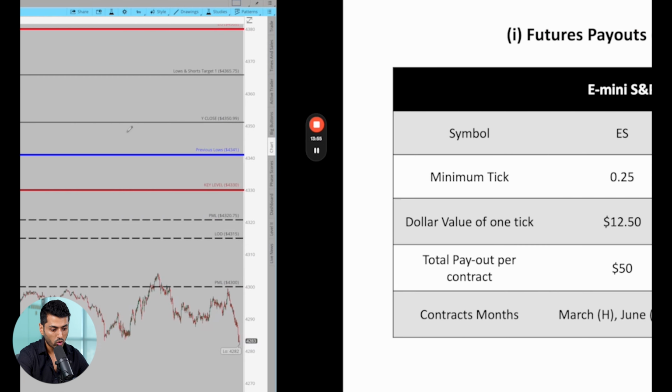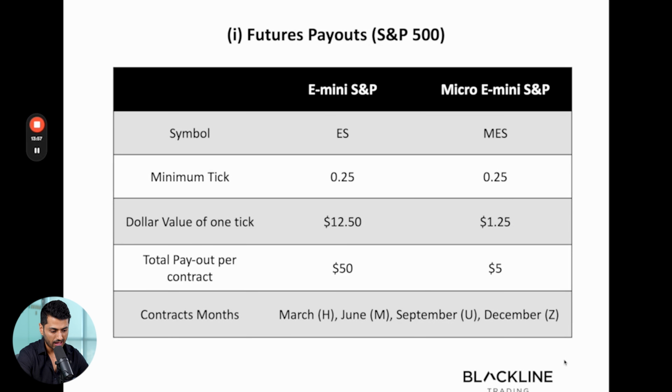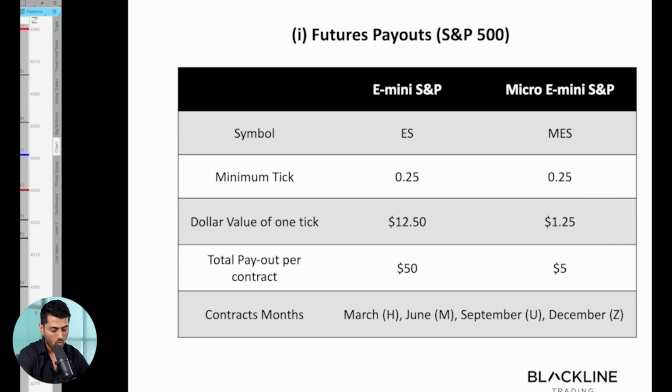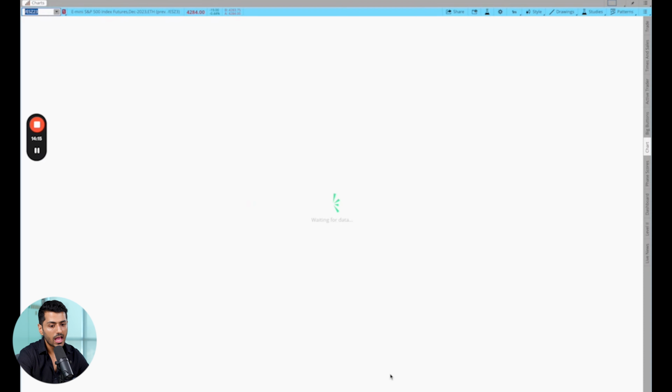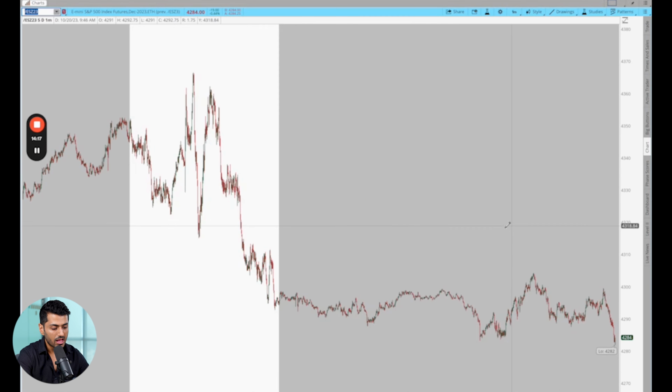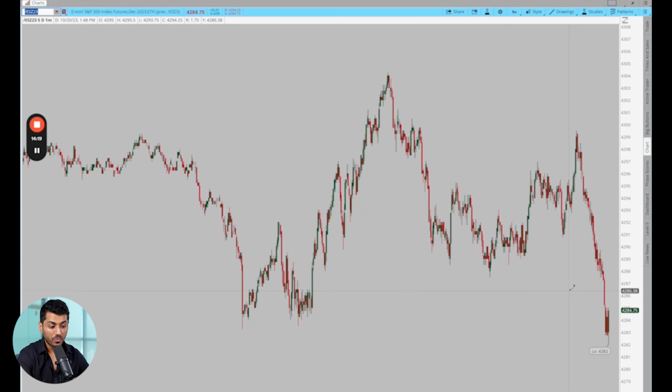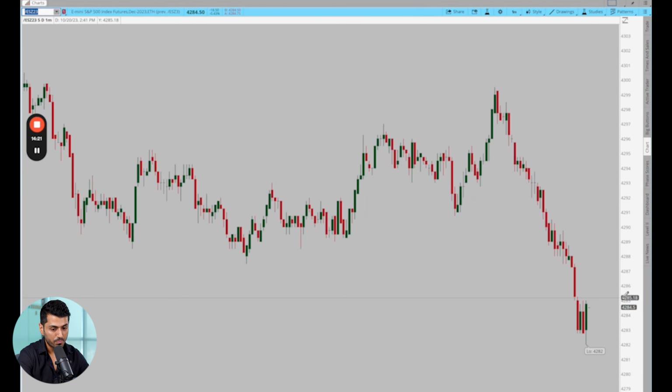As we are in October right now, the next expiry is in December, and the letter for the next expiry is Z. So what I'm going to write here is ES for S&P 500, Z for the December contract, 23 for year 23. And when I write ESZ23, it gives me the contract for the December expiry.